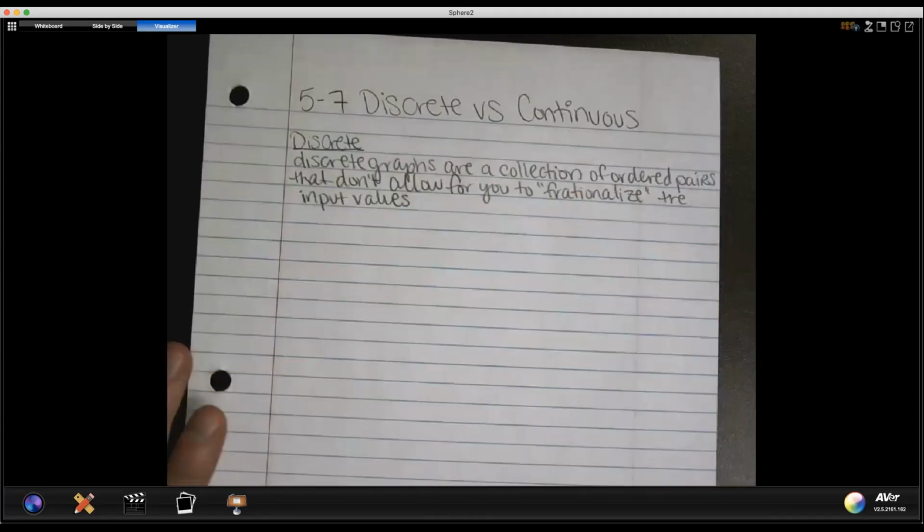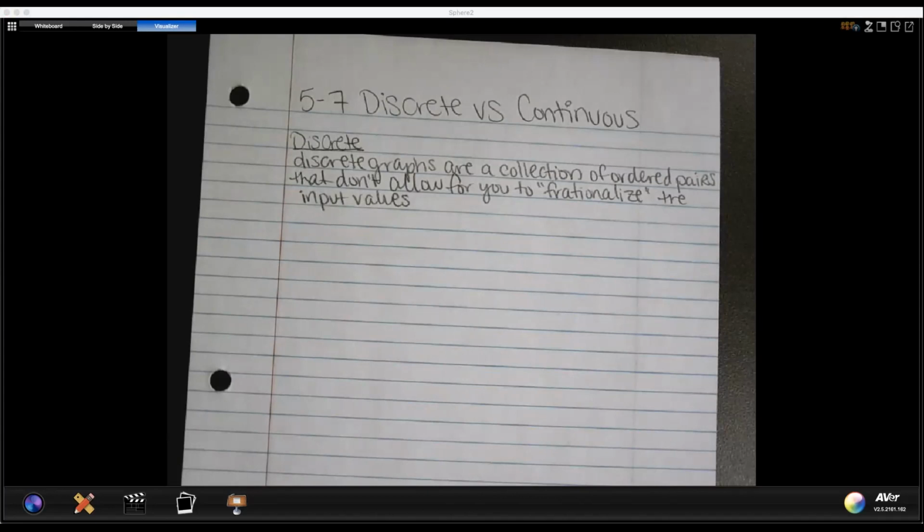Okay, fractionalize is just fraction, ALIZE. Now, what does fractionalize mean? Fractionalize just means that you are not able to split apart the input data. Or in other words, you can't have a portion of something.